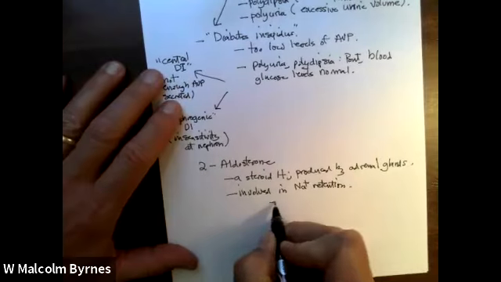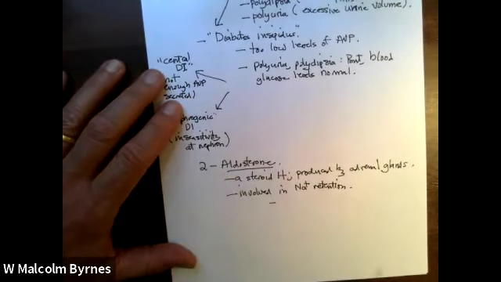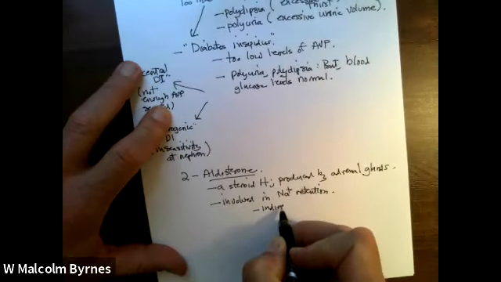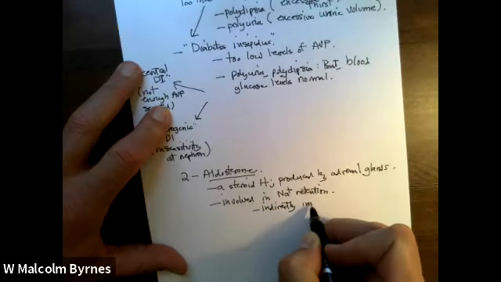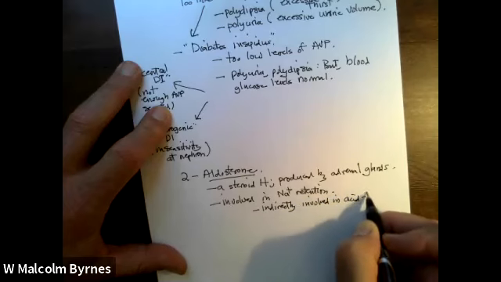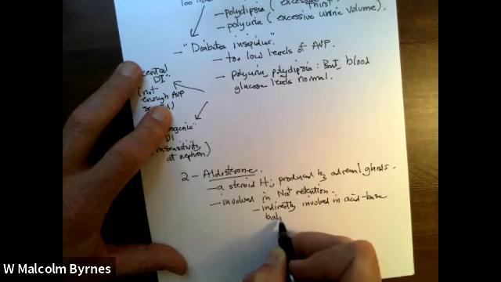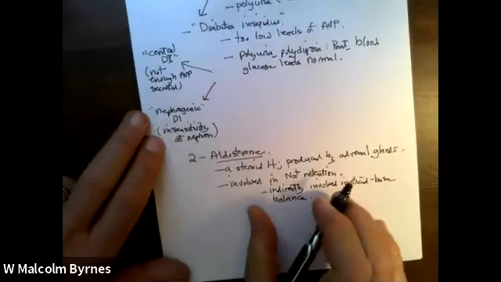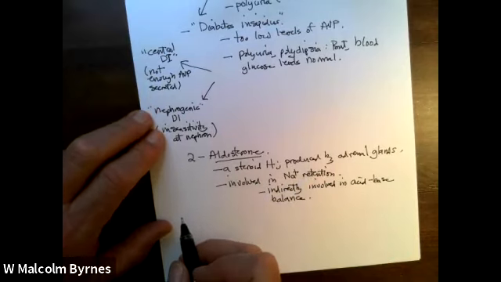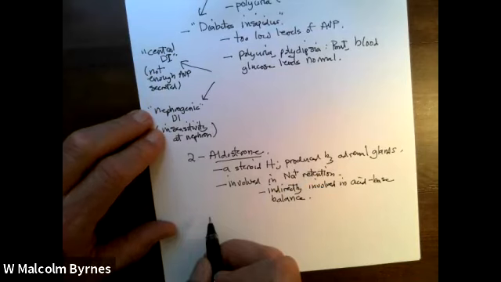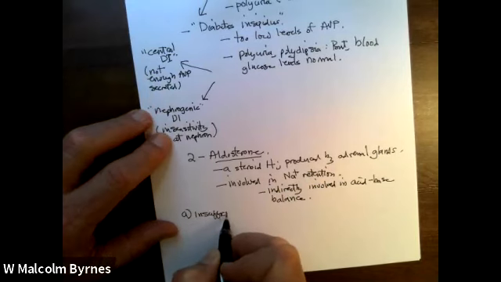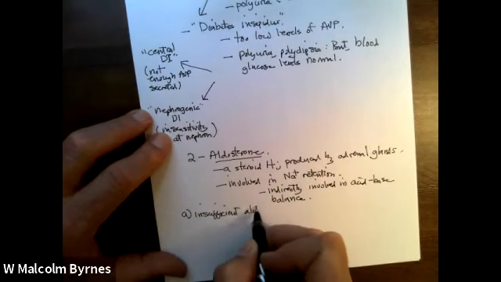Now, another interesting thing is that this hormone is indirectly involved in controlling acid-base balance. I'm going to explain that in just a minute. So you can have insufficient levels of aldosterone.